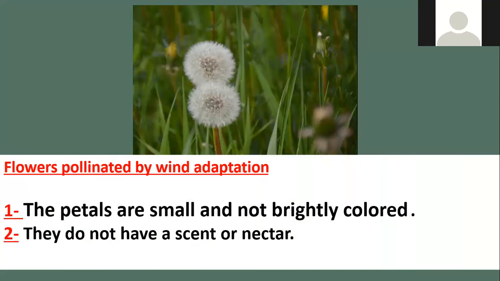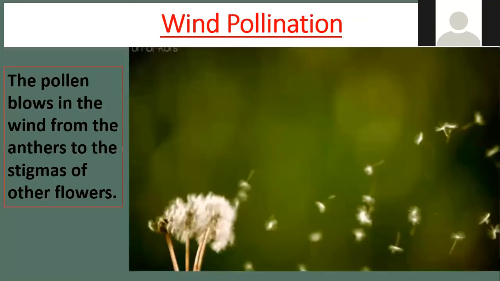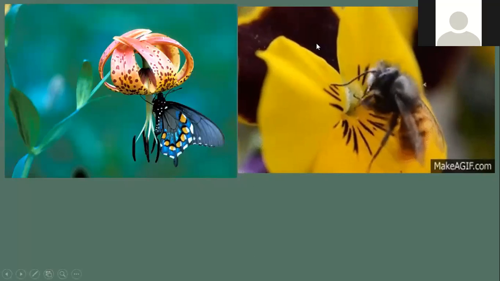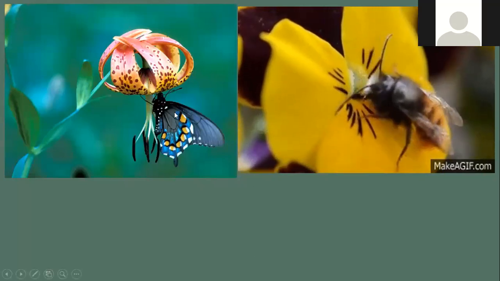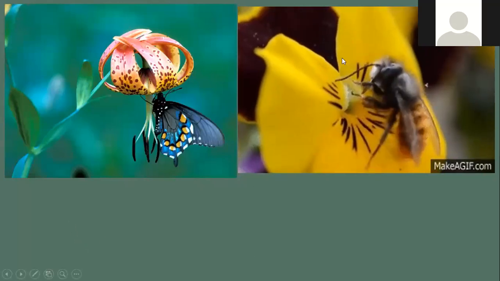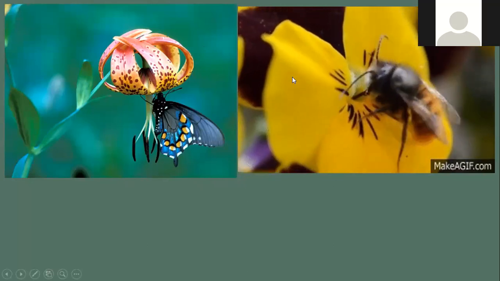Right. Here is the adaptation of flowers for wind. Can you see the petals here? Can you see the difference between flowers pollinated by insects, moths and other pollinators, and wind-pollinated flowers? The flowers are very different. Here you can find very bright flowers.